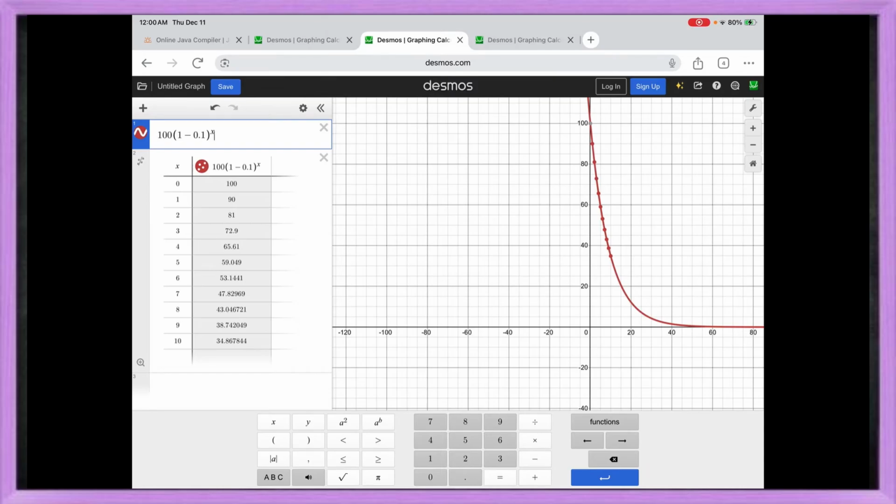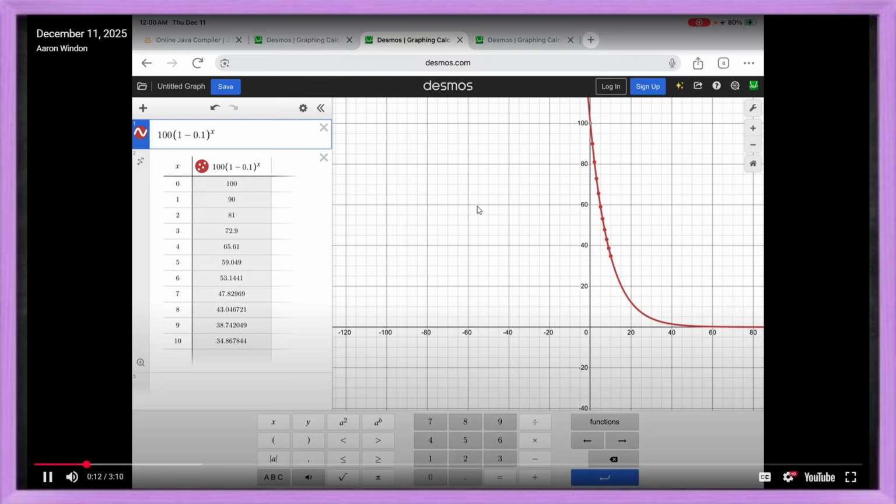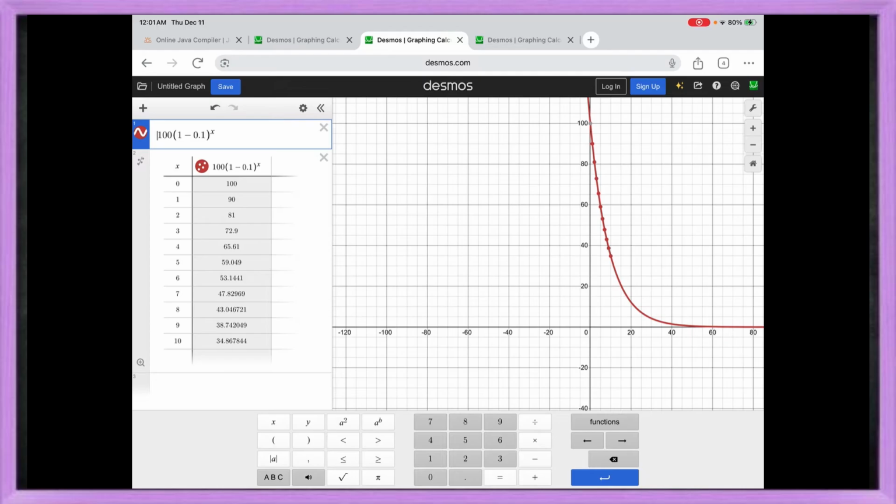And you might be wondering what this equation right here has to do with modern logarithmic equations. Because 100 quantity 1 minus 0.1 to the power of x is not a logarithmic equation. Actually, it's an exponential decay equation.